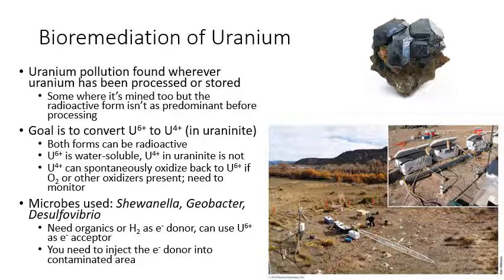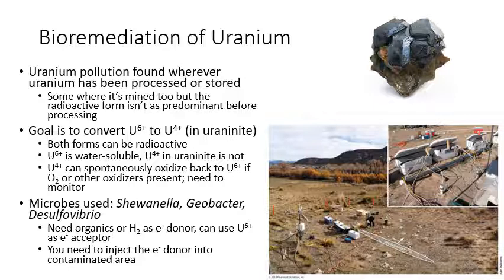There are three main genera of microbes that are used for this process. You have Shewanella, Geobacter, and Desulfovibrio. All of those bacteria would be using either molecular hydrogen or some type of organic compound as an electron donor, and then they're going to use the U6+ ion as their electron acceptor and reduce it to the U4+ form.